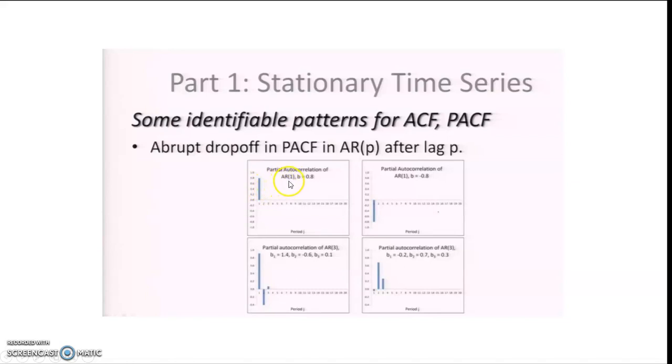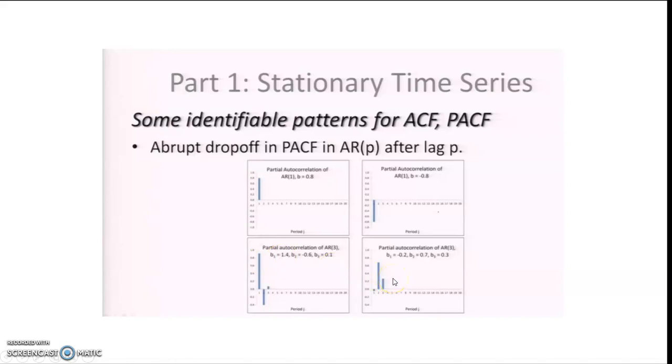For example, in this AR1 process, when b is equal to 0.8, then the partial autocorrelation of this process will drop off suddenly, and here it is negative, but there is an abrupt drop off in the partial autocorrelation function, and this is an autoregression of order 3. b1 is equal to 1.4, b2 is equal to minus 0.6, and b3 is equal to 0.1, and this is how the partial autocorrelation decays.